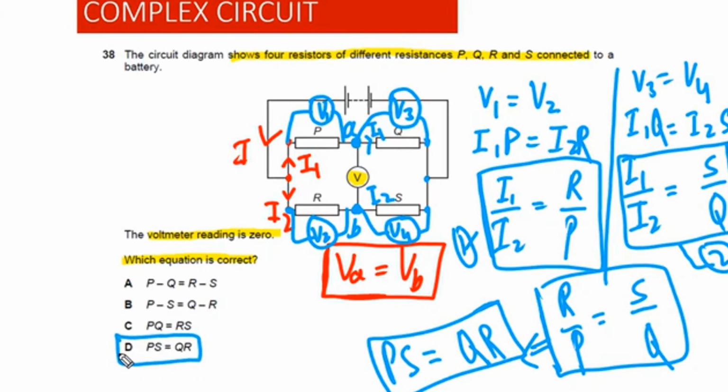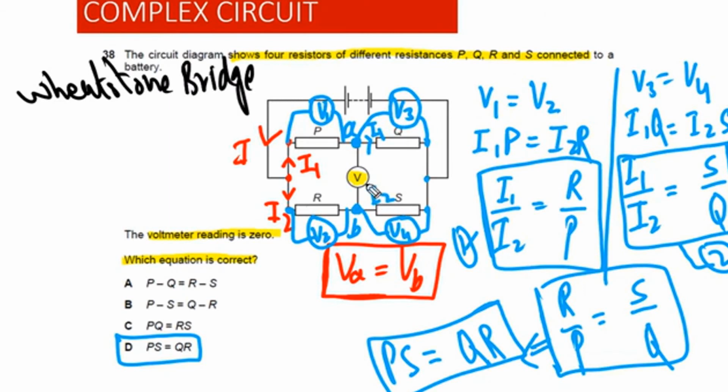So this is how we can find out. This is actually a little long method, but let me explain a shortcut method. This is actually a kind of Wheatstone bridge circuit. If the reading on the voltmeter is equal to 0, we can say the Wheatstone bridge is balanced.